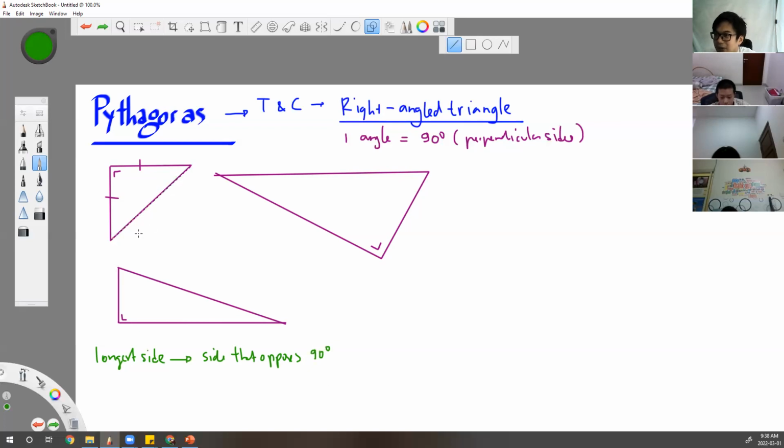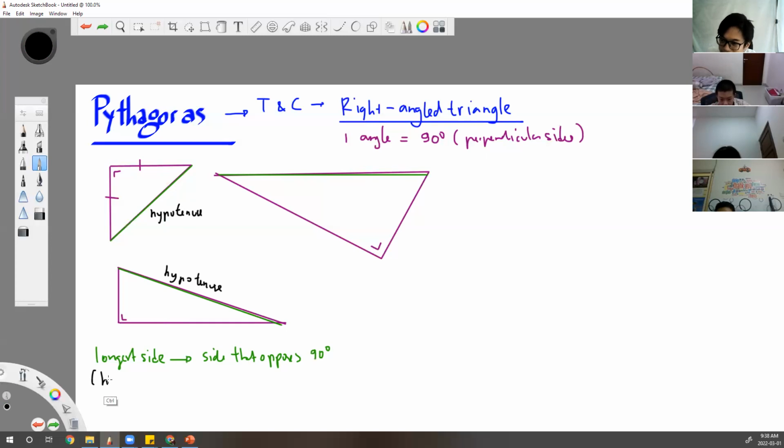There you go, this is the longest side. This is also the longest side, because all of them are in front of 90 degrees, and it is called the hypotenuse. So what is the hypotenuse? The longest side. We can shorten hypotenuse to HYP.